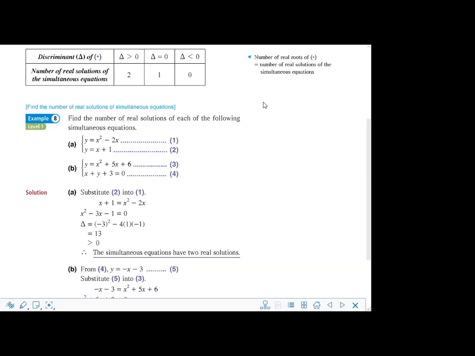We are going to find whether there will be two different answers, there will be only one answer, or there will be no answer, okay? So normally there will be two different answers, but we have already done some exercise that there will be only one answer because the two answers are exactly the same, okay?